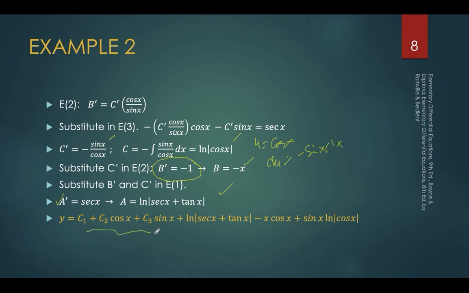So combining your y sub c and then your y sub p. Okay, so this is your a, negative x is your b, function a, function b, and then this is your function c.